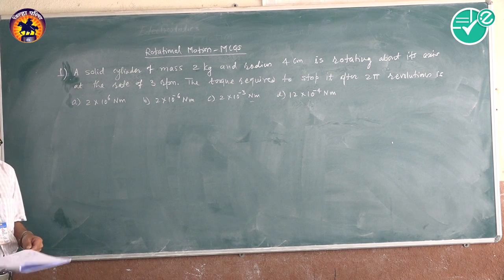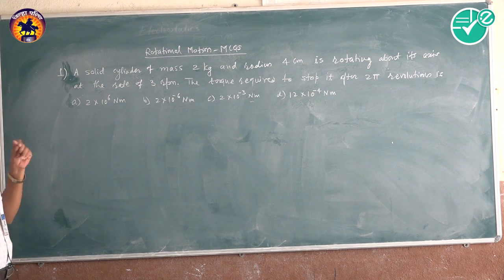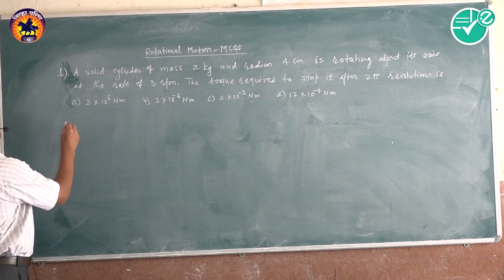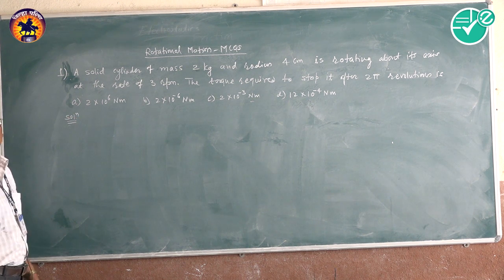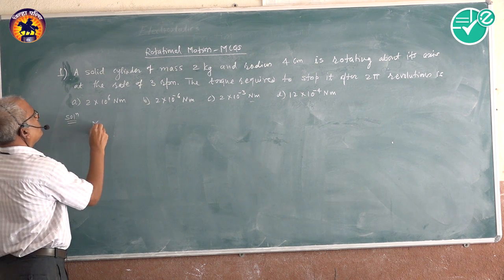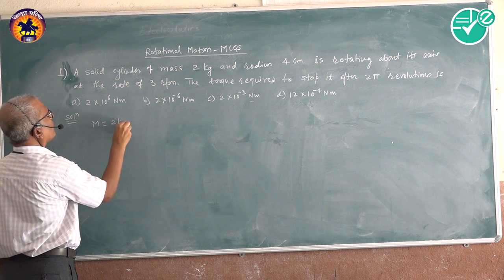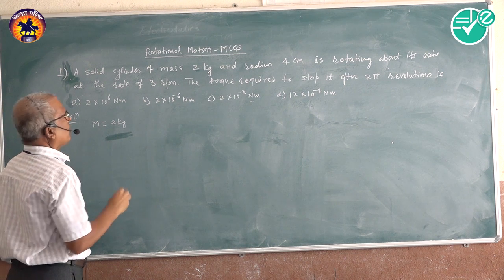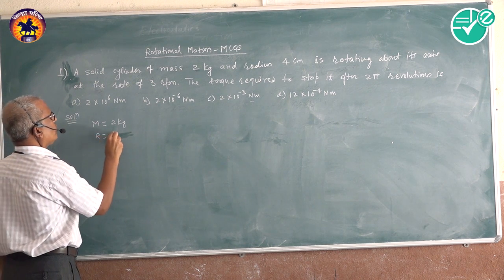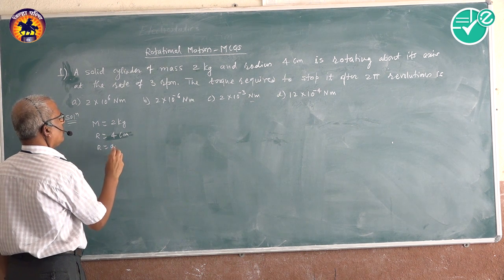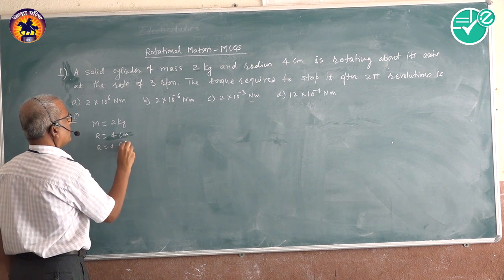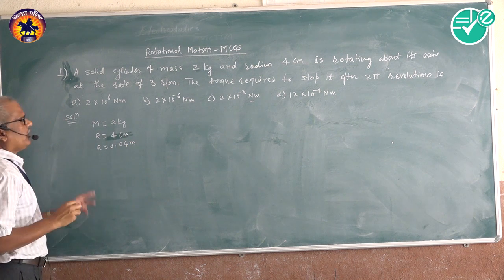Now, to solve this, first of all, see the given data. A solid cylinder of mass m is equal to 2 kilogram. Radius r is equal to 4 centimeter. Convert into meter, that is this divided by 100.